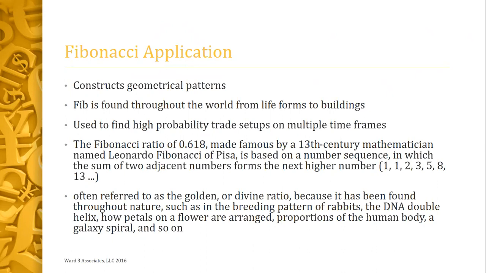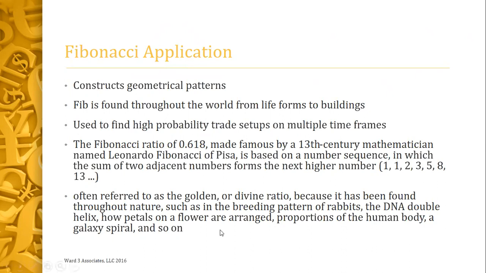Okay, the Fibonacci ratio of 0.618 was made famous by a 13th century mathematician named Leonardo Fibonacci of Pisa. It's based on a number sequence in which the sum of the two adjacent numbers forms the next higher number.